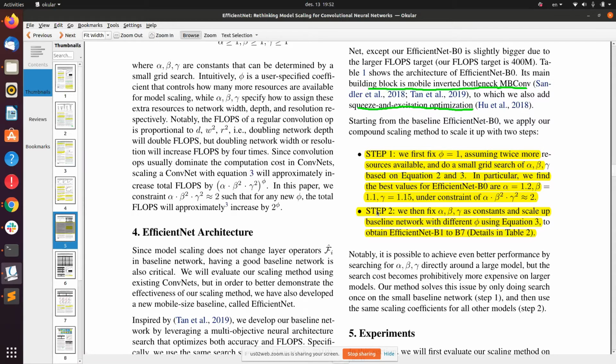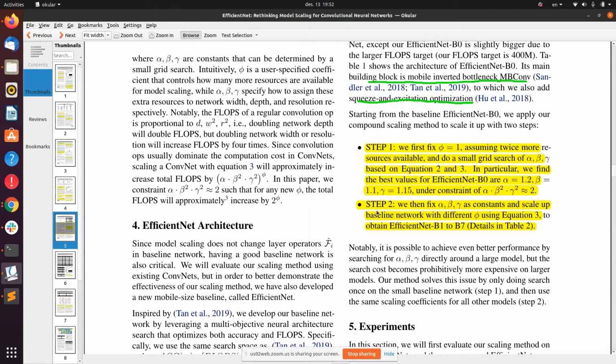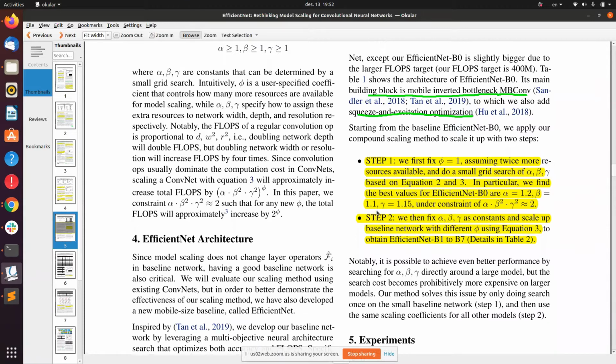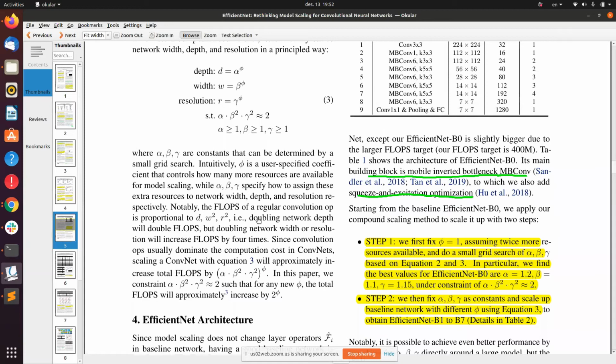Just one more point that I was reading: you have this alpha, beta squared, gamma squared, and I was wondering why that is not alpha squared. Basically, I did not mention that, I'm sorry about it, but they have mentioned it somewhere here.